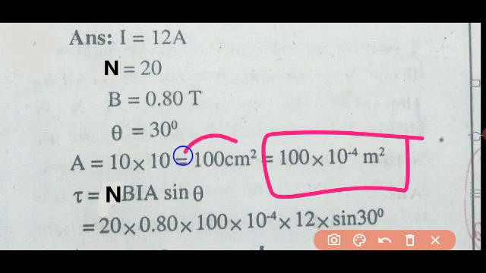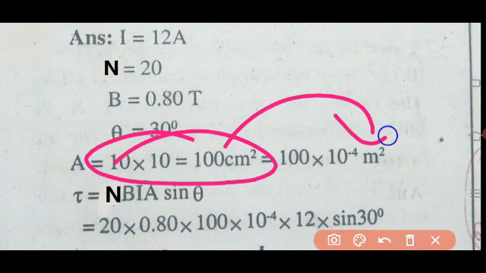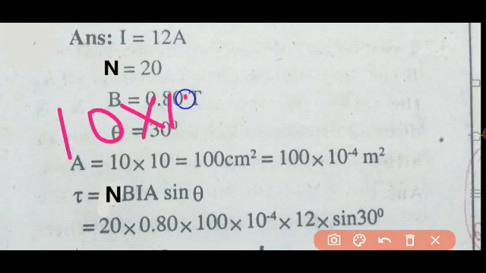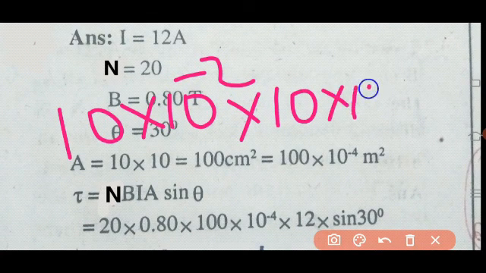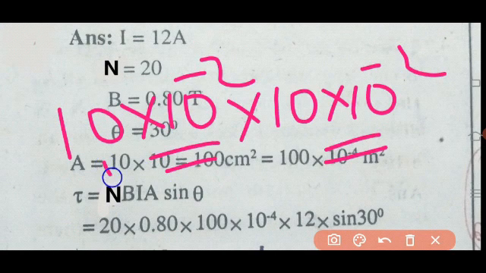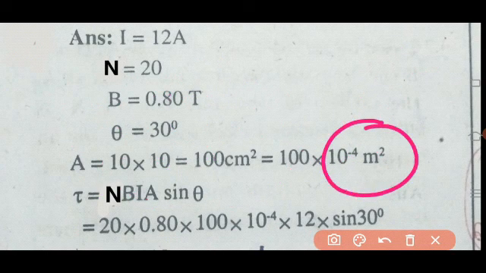So 100 centimeter square is nothing but 1 into 10 to the power of minus 2 meter square. You should know how to convert centimeter square into meter square. It is very simple. One side is 10 into 10 to the power of minus 2, the other side is 10 into 10 to the power of minus 2. This is how we convert into meter. That is the area.